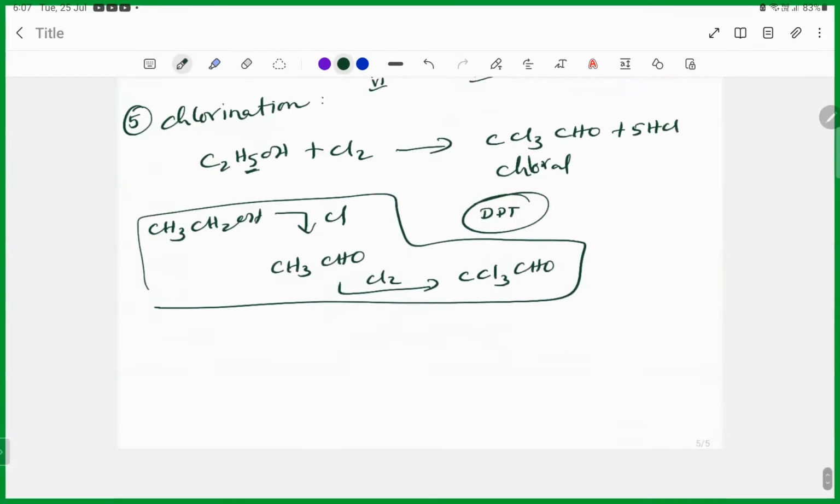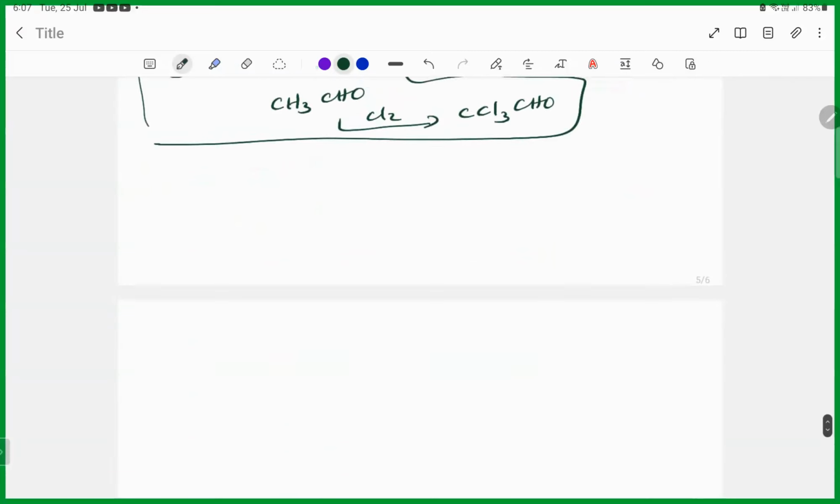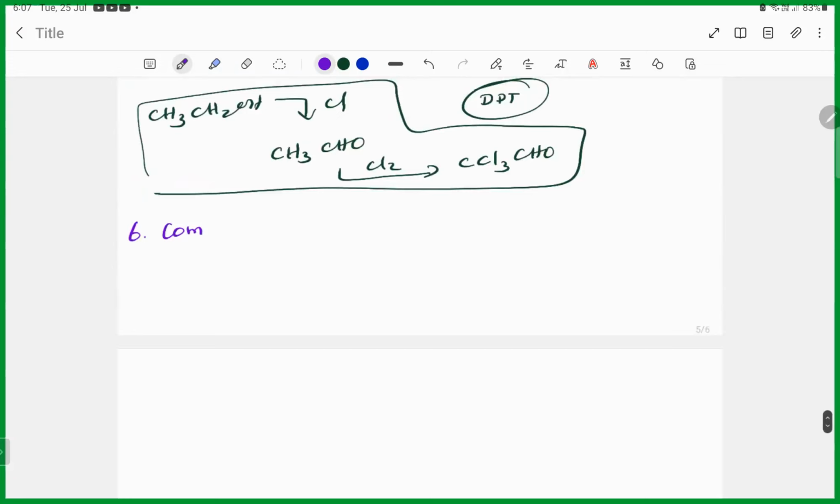And the final reaction is combustion. What is combustion?